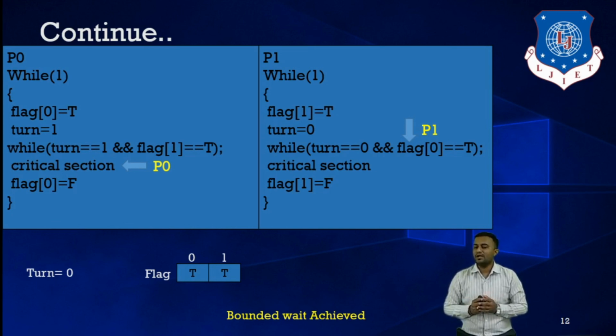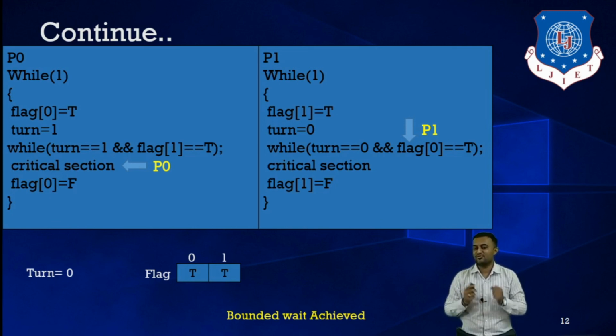And after a fixed period of time, definitely P1 can enter into the critical section. How? Let us check. Once P0 comes out from the critical section, flag of 0 is set to false. Then it switches back to P1, because P1 is waiting to enter. The turn variable is 0, so that condition is true, but the actual value of flag 0 is false.